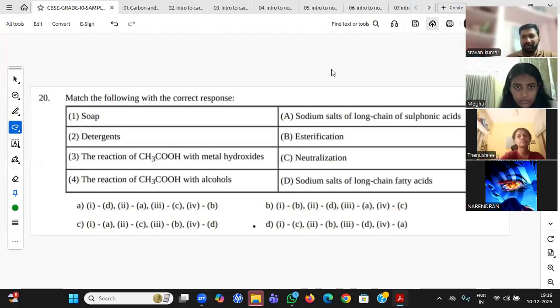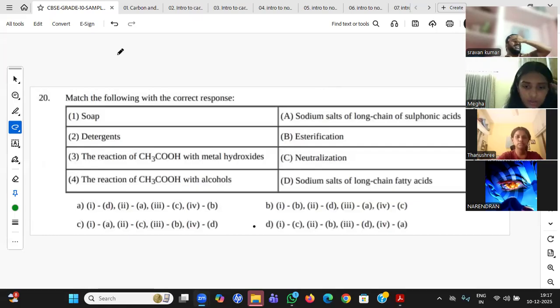Avdhan, very good student. You're giving answers. Right answer. Narendran, yes student, right answer. Maya, right answer. Tanish, right answer. Come on, students.